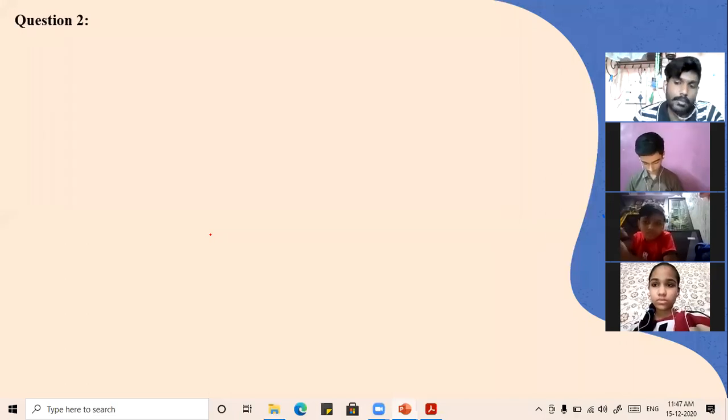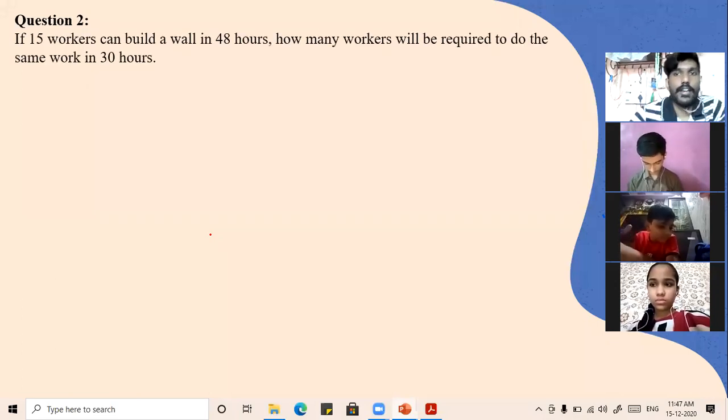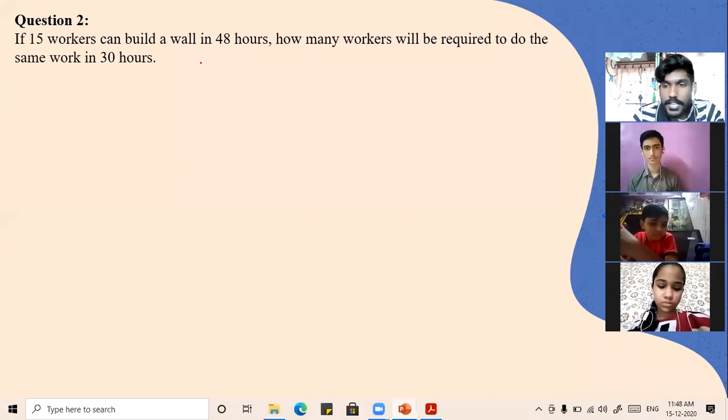Let us move to the second problem sum. This is a very easy sum of exercise 7.3. The question says, if 15 workers can build a wall in 48 hours, how many workers will be required to do the same work in 30 hours?